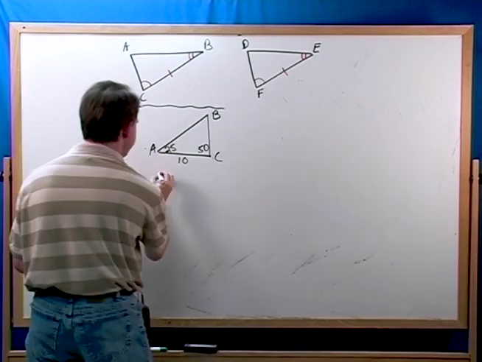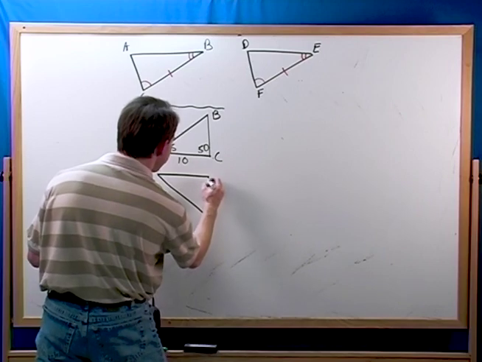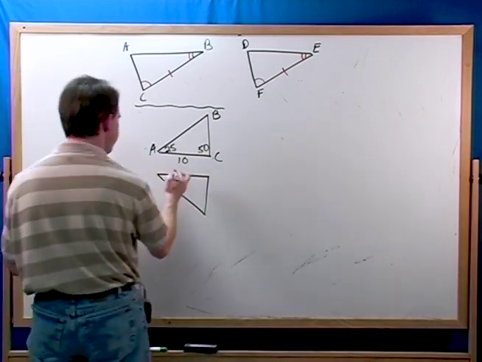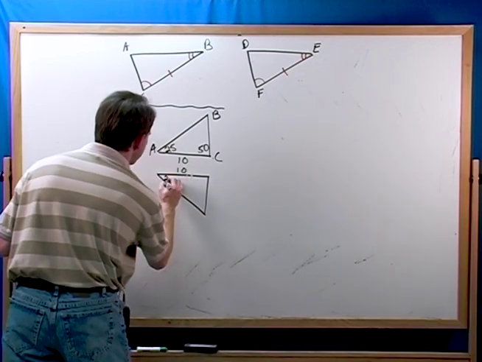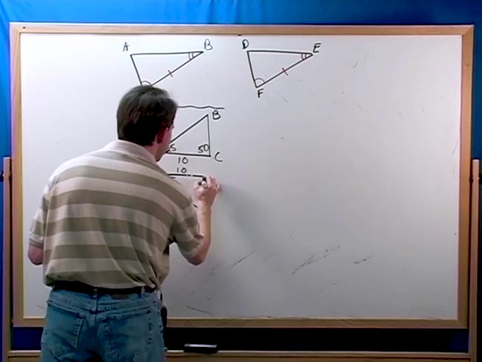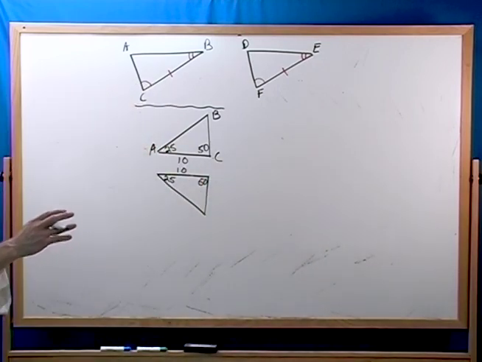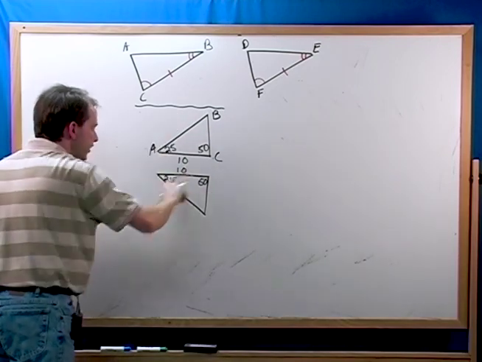And let's say they draw the other triangle right underneath it, because you're going to find out a lot in geometry they're just going to manipulate, they're going to make the drawings look goofy, and that's going to make it hard for you. This length is 10, this angle is 25, and this angle is 50. So you're looking for proof that these two triangles are exactly the same in every way, shape, and form.